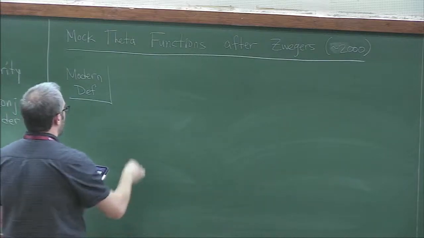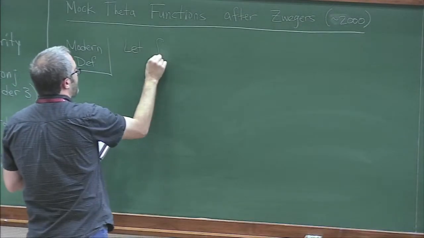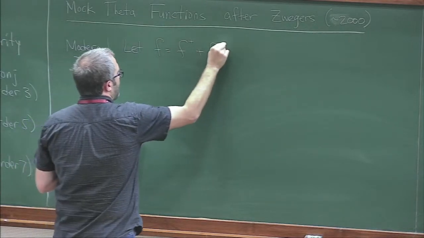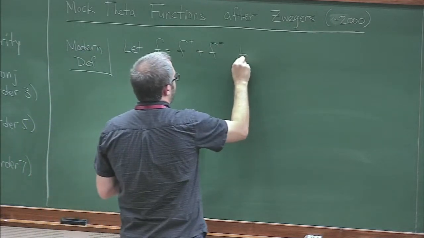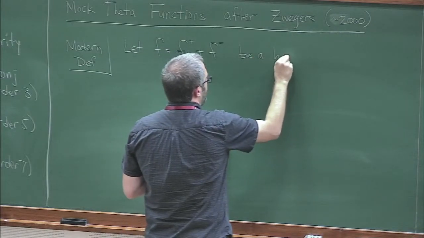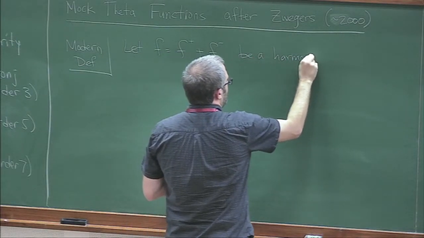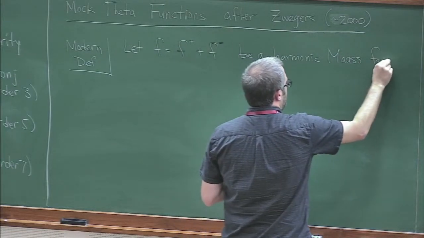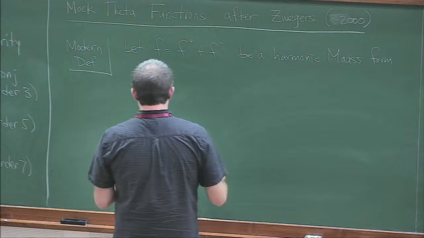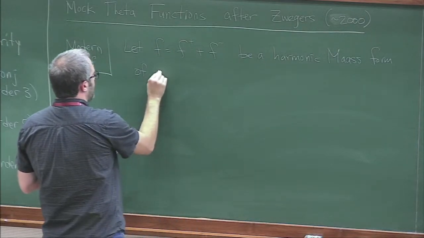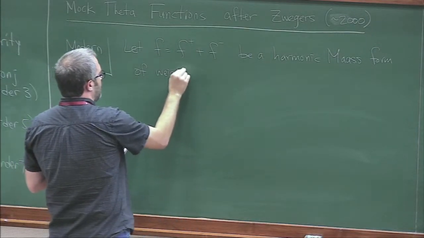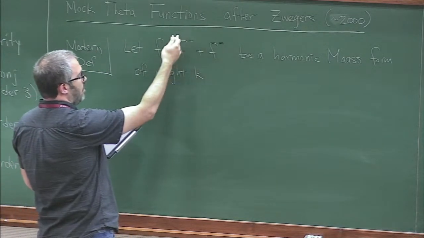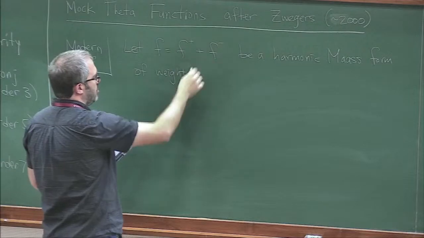Okay, so let f be a harmonic Maass form of weight k. And as usual, I'll break f into the holomorphic part and the non-holomorphic part.